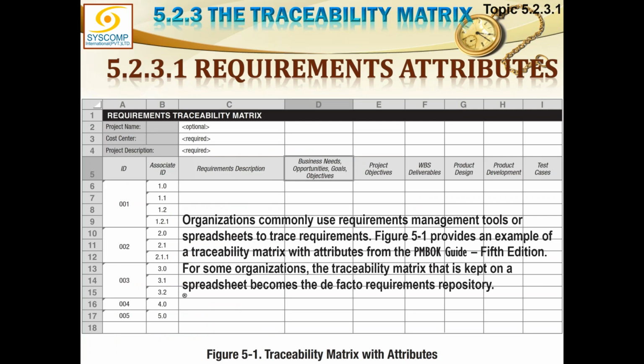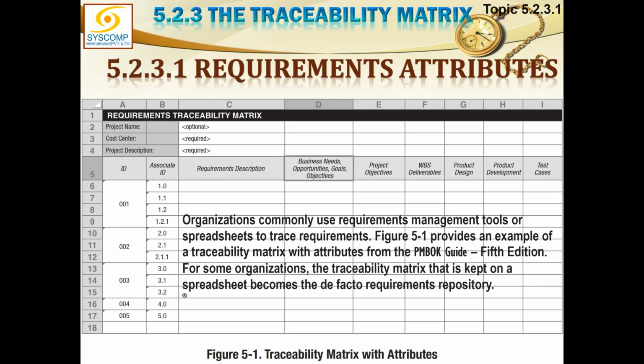Now, having talked about these requirement attributes, let us put it all together into a requirement traceability matrix as shown in front of you. The requirement traceability matrix will actually include all or many of the attributes we have already discussed in one single chart. You see, in this chart, on the top 4 rows is the name of the project written, cost center and project description.